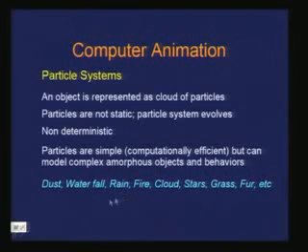Okay, so some of the examples are, for instance, dust, waterfall, rain, fire, cloud, stars, grass, and so on. Right? Otherwise, if you choose some geometric primitive to do the proper modeling of these phenomena, it's going to be extremely computationally intensive. So these particle systems allow you to capture the characteristic behavior of such phenomena. Okay.